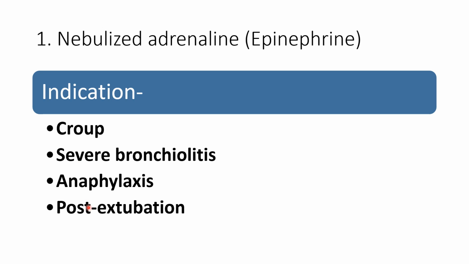And in anaphylaxis, whenever a patient comes with bronchospasm due to an anaphylactic reaction, to relieve the airway obstruction and airway swelling, we use nebulized adrenaline. And post extubation, we use nebulized adrenaline when a patient has been on mechanical ventilation and after doing the extubation trial, we use this drug.